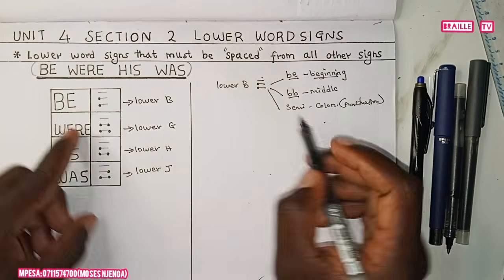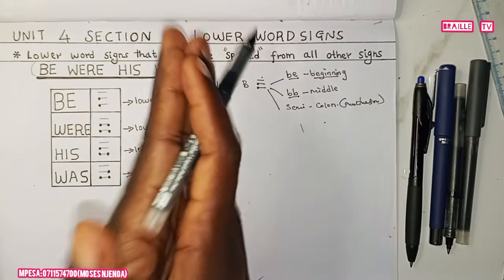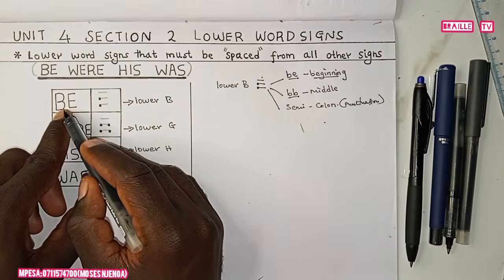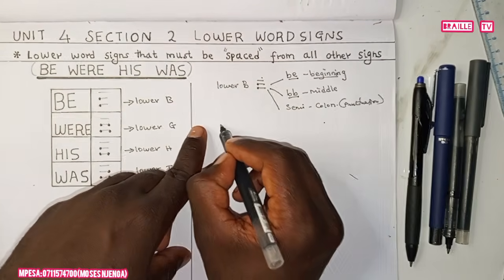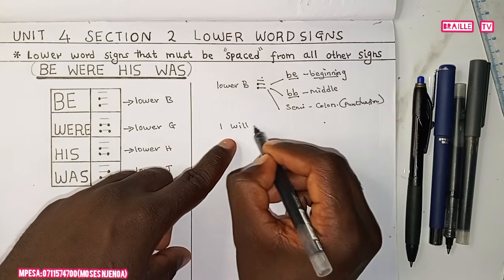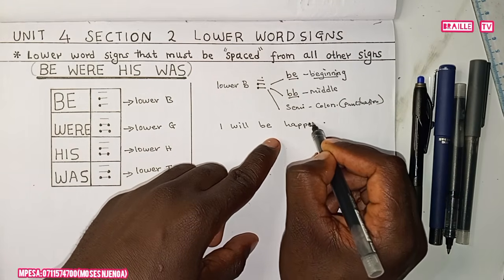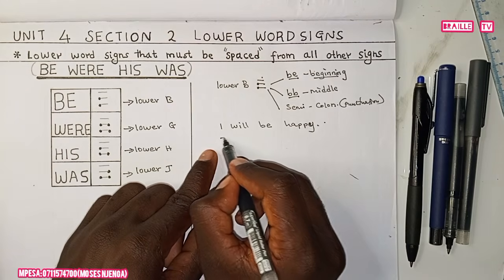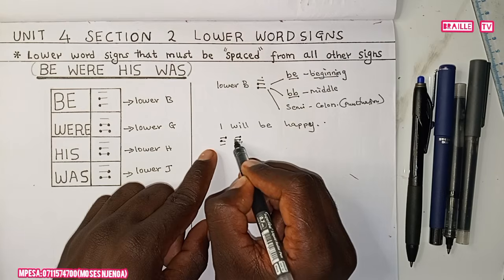Again, we have seen this lower b, when used standing alone, means be. For example, in the phrase I will be happy, you are going to write in Braille: will, be.